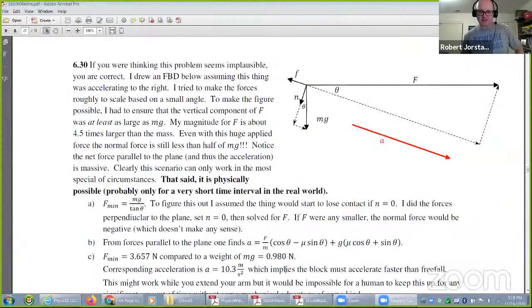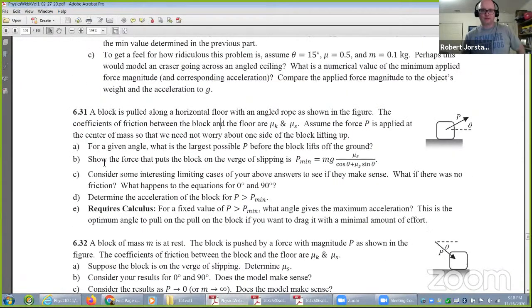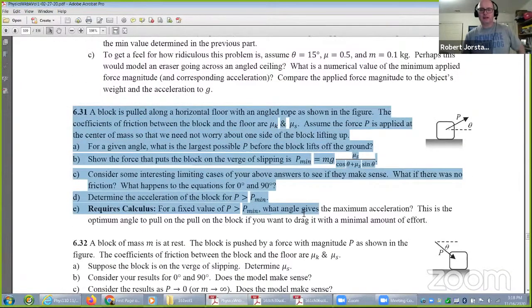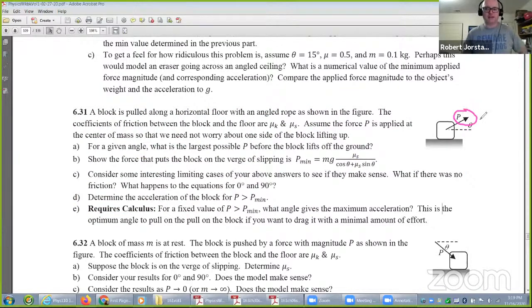Let's go back into here. You probably remember me mentioning this one. Look at this one. If you're pulling up and to the right at some angle, at some point the block lifts off the ground. And so this helps you understand that. Now, notice there's a part here that requires calculus.